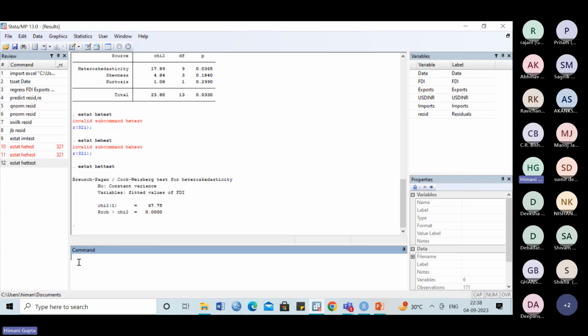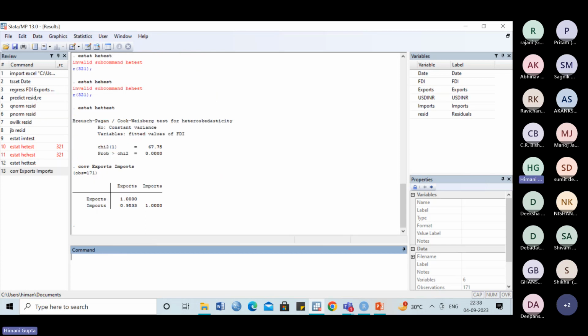Now next is that there should not be multicollinearity. For multicollinearity, we have learned there are two tests, either by calculating correlation or by calculating VIF. If I calculate with correlation, corr exports and imports, I'll do one by one. You can see that exports and imports are highly correlated, 0.933.